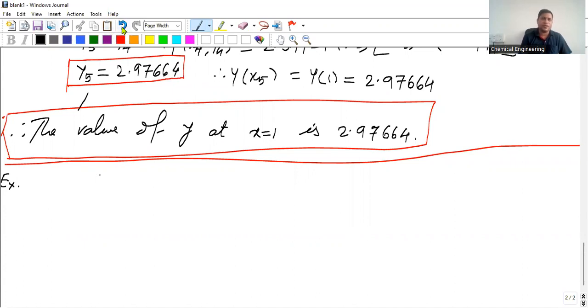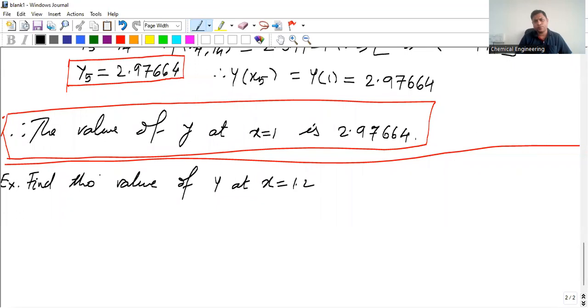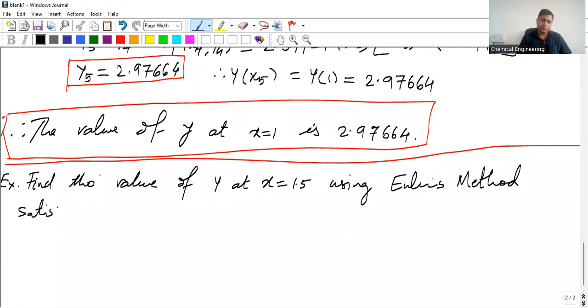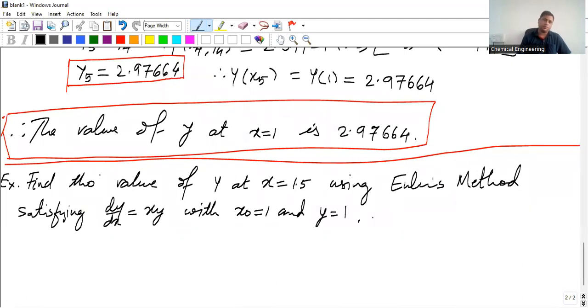What we can have is: find the value of y at x equal to 1.5 using Euler's method, satisfying dy by dx equal to x into y, with x0 equal to 1 and y0 equal to 1.